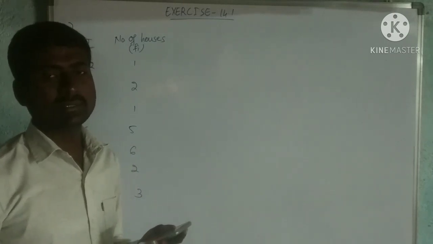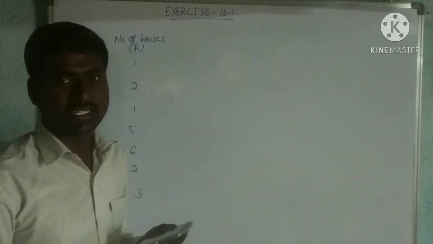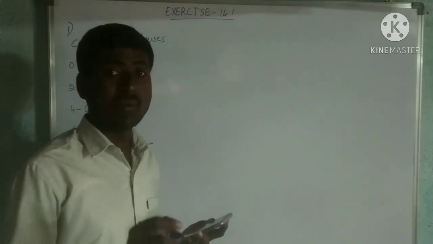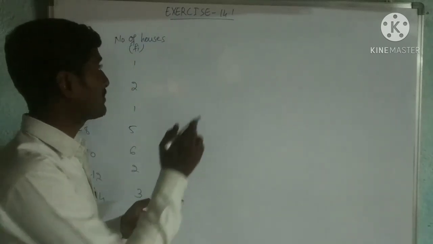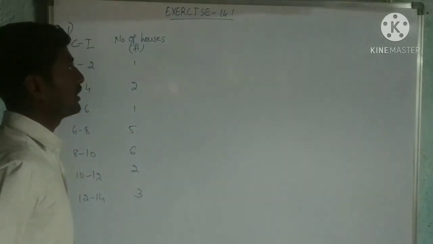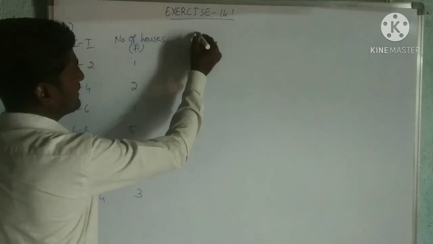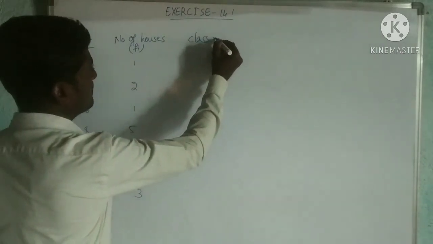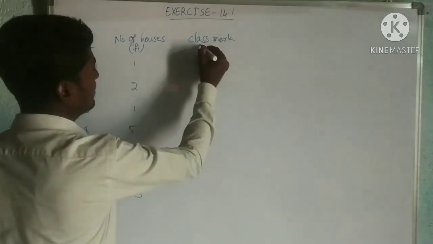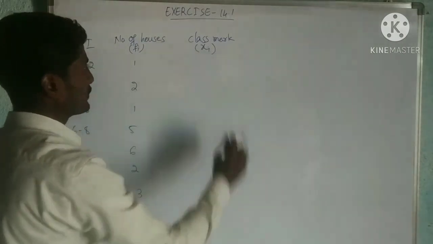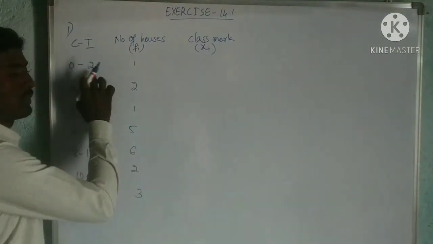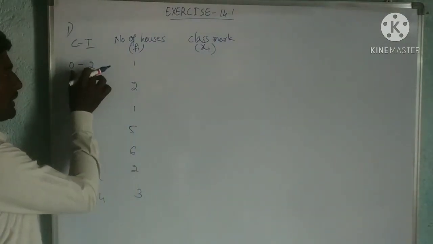Now we know the formula: x bar is equal to sum of Fi xi divided by sum of Fi. I want the term xi, that is the class mark. Class mark or midpoint xi is equal to upper limit plus lower limit divided by 2, the midpoint of the class interval.